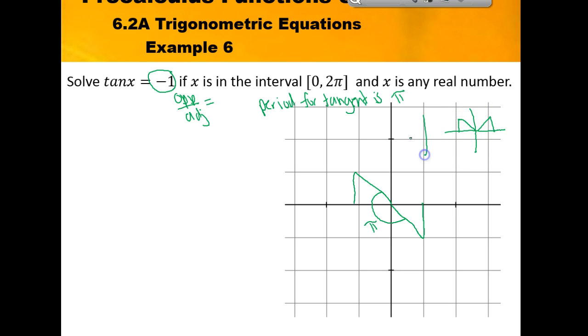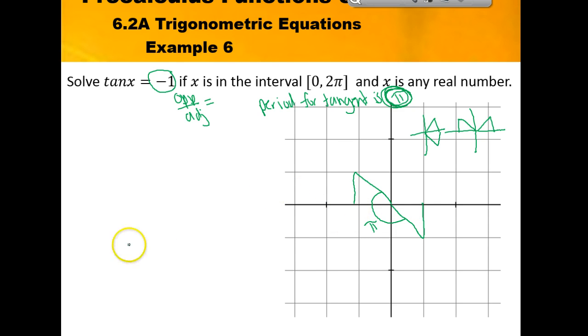And if I looked at this picture, like if I had this one and this one, this is over pi apart also. So if they're exactly pi apart, then it's usually just one answer plus pi n. And also with tangent, that's awfully common since the period is pi. Okay? So let's get to this.